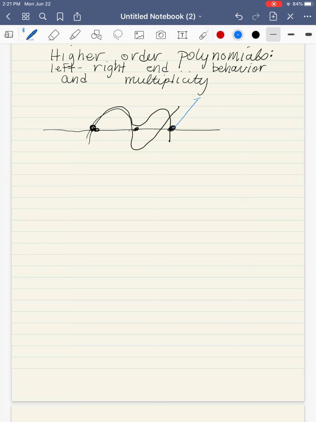But after the polynomial leaves the last x-intercept, it will either go up forever or down forever to the right, and either up forever or down forever to the left. It can never curve back around, because if it did, it would touch the x-axis again, and we know we don't have any more x-intercepts. So we know it has to just keep going forever in one direction or the other.